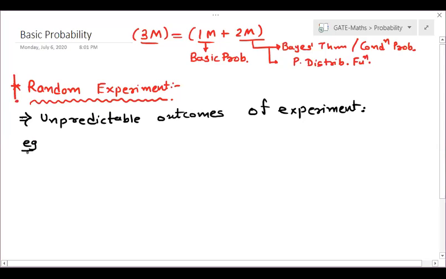So its examples are tossing an unbiased coin. Now what is the meaning of unbiased coin? It is not biased towards anybody. It means you are not doing any cheating over here. There are coins available in the market that have heads on both sides.